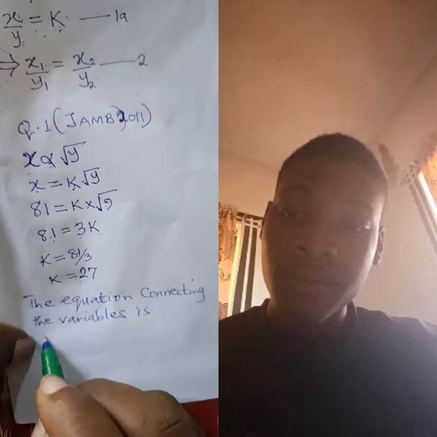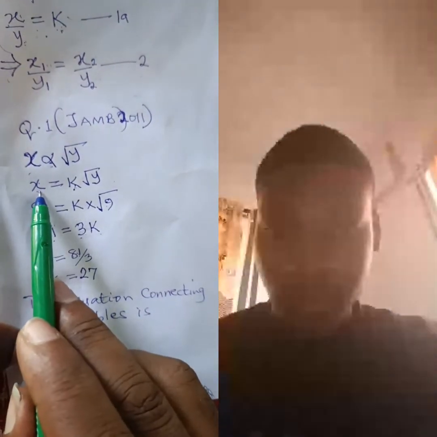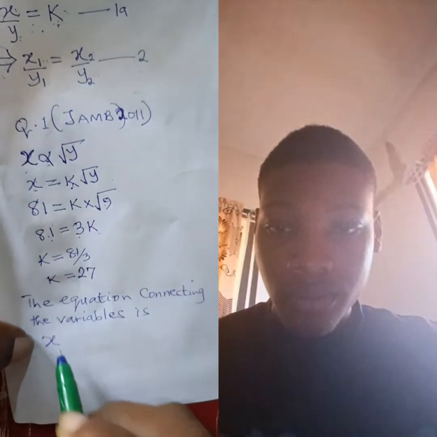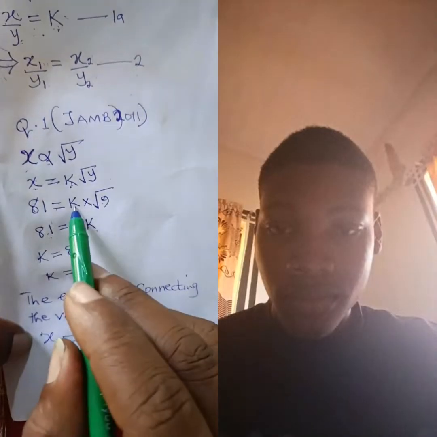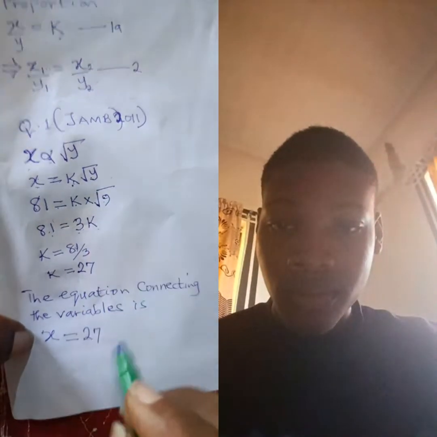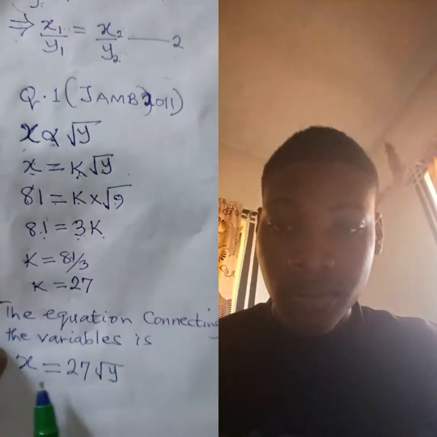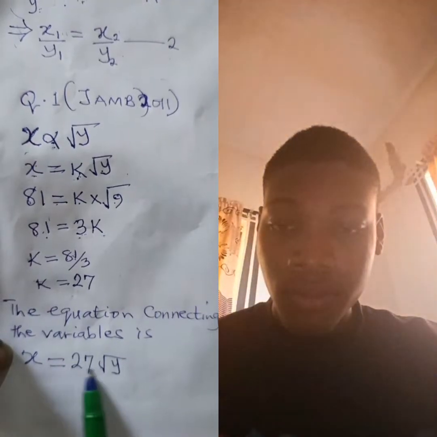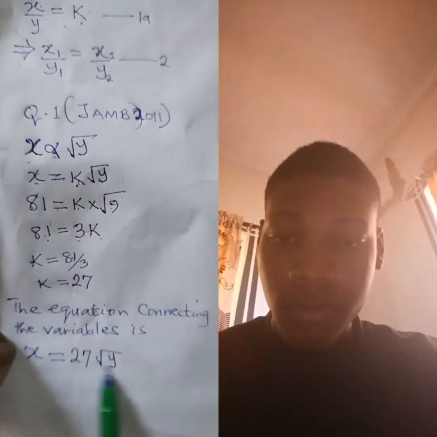So the equation, the relationship, the formula connecting the variables will now be x equal to, in place of K, you fix 27, then root y. This is the relationship connecting the variables. And this is the formula you will use to solve anything you want to solve on this particular question.